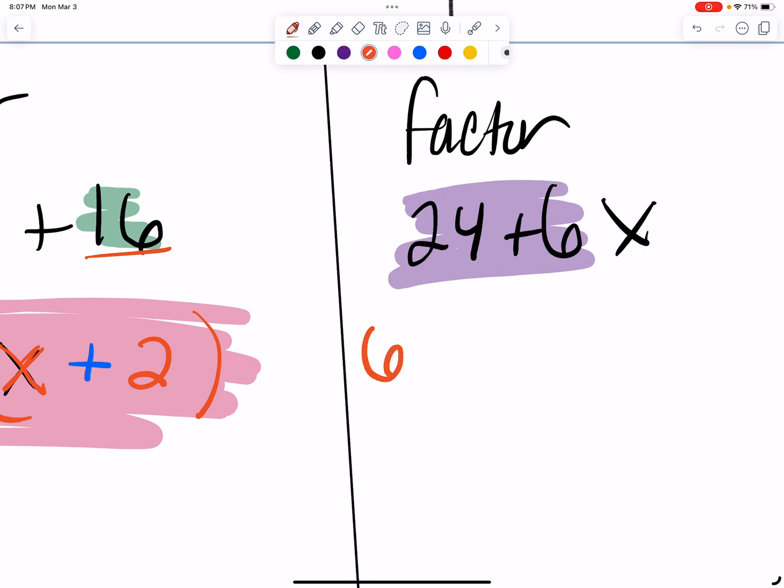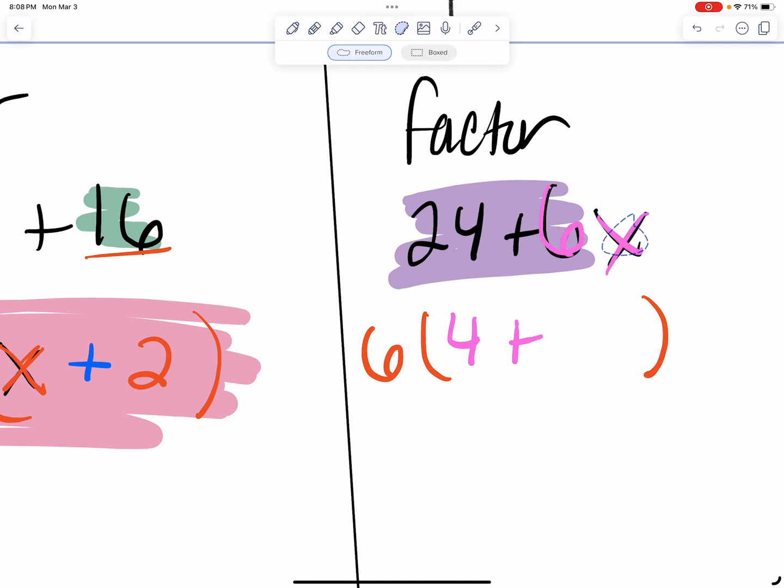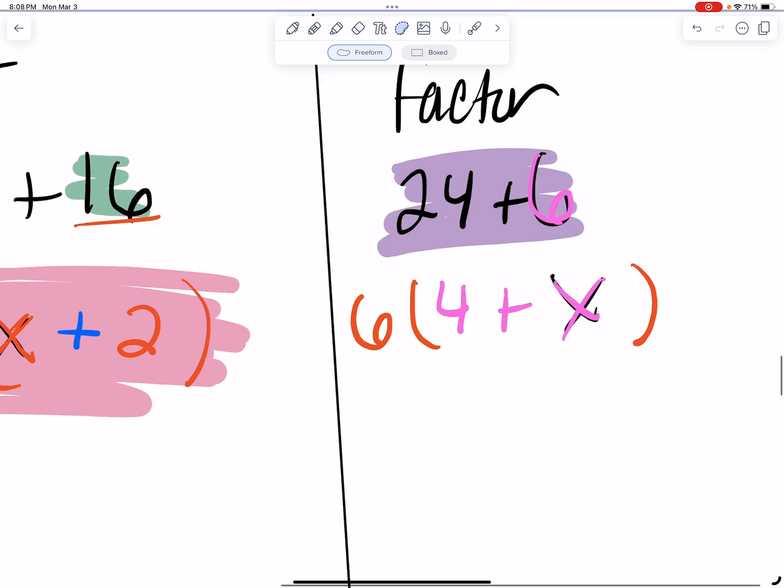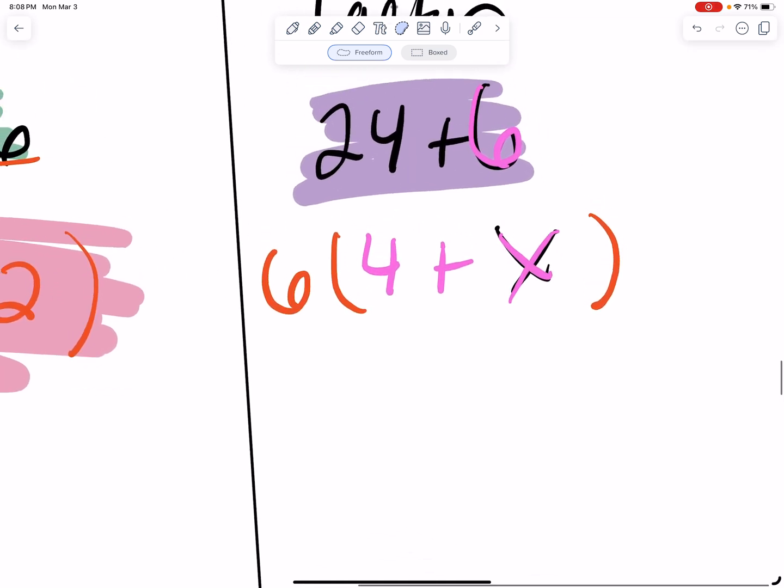So I'm going to pull out a 6, and then ask myself, 6 times what is 24, or 24 divided by 6 is 4. And I took out the 6, but I still have an x, so the x is still going to go right here. So the answer is 6 times 4 plus x.